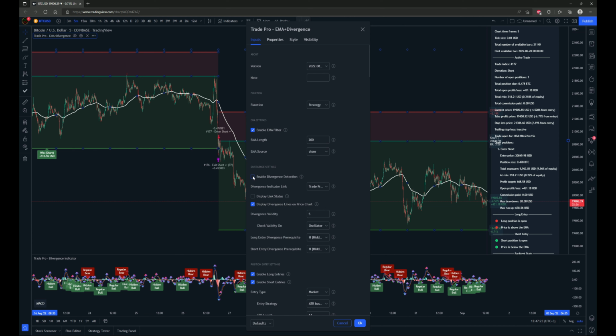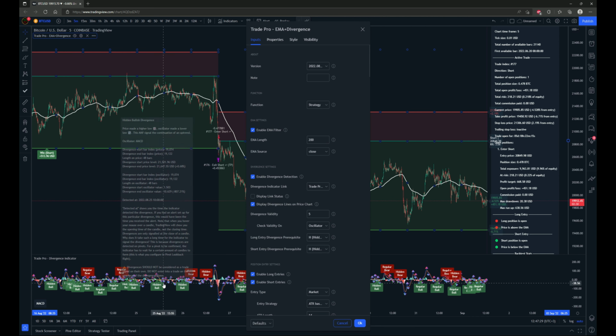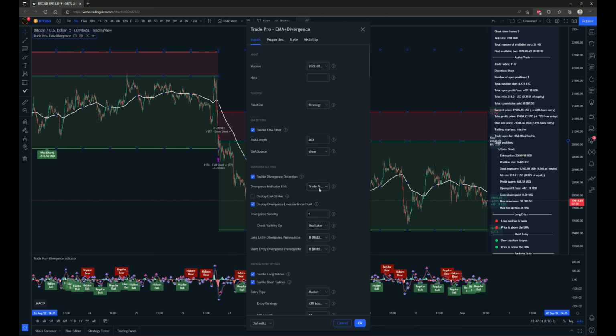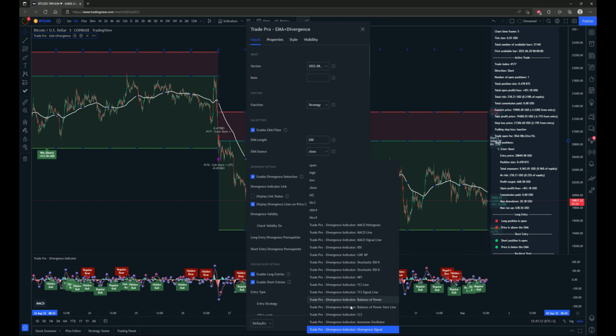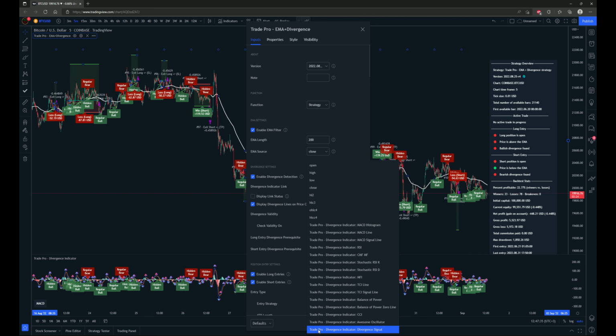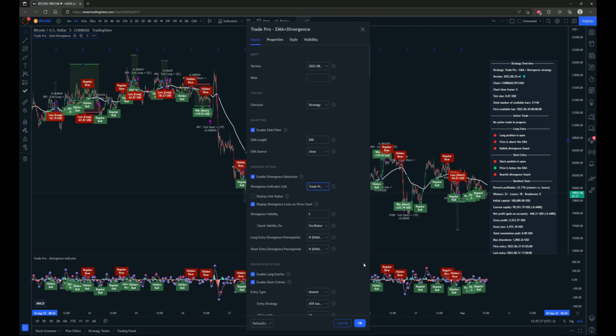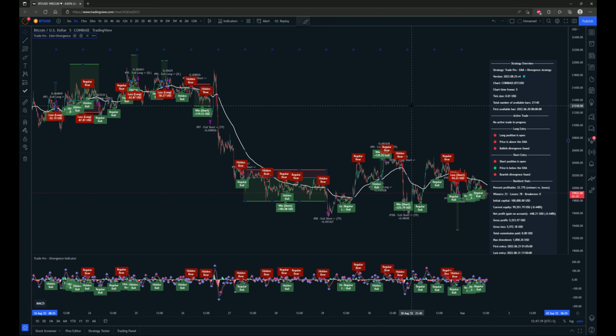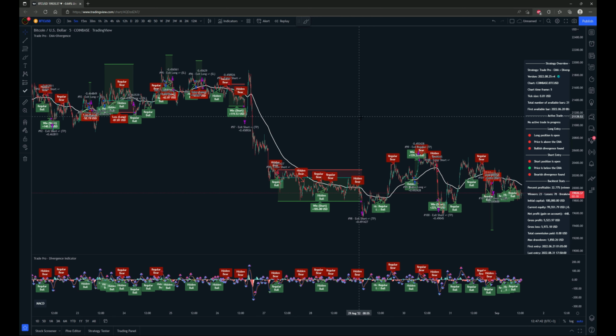So if we go enable divergence detection, we need to make sure that the divergence indicator is already on our chart at this point. Then we can go in to this drop down and select TradePro divergence indicator divergence signal. We'll hit OK, and then we have it.